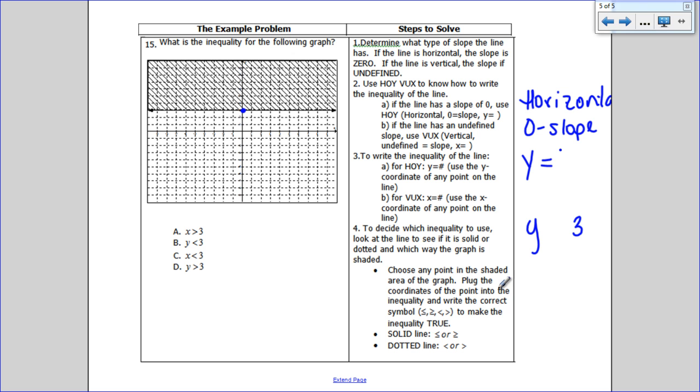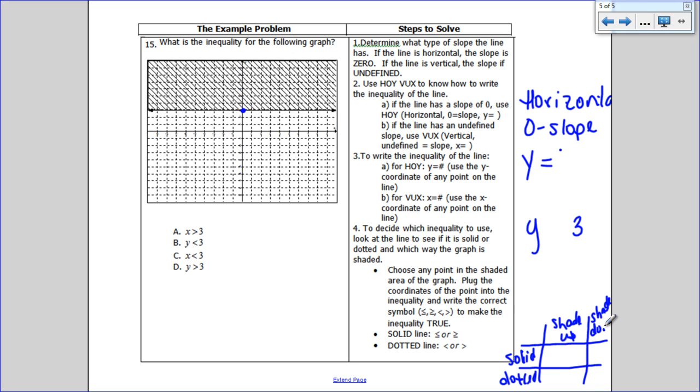It says here to choose any point in the shaded area of the graph and plug it in to write the correct symbol. That's one way to do it. But here is the other thing to remember. If you remember this little picture that you had, this was your solid lines, this was your dotted lines, this meant shade up, and this was shade down.